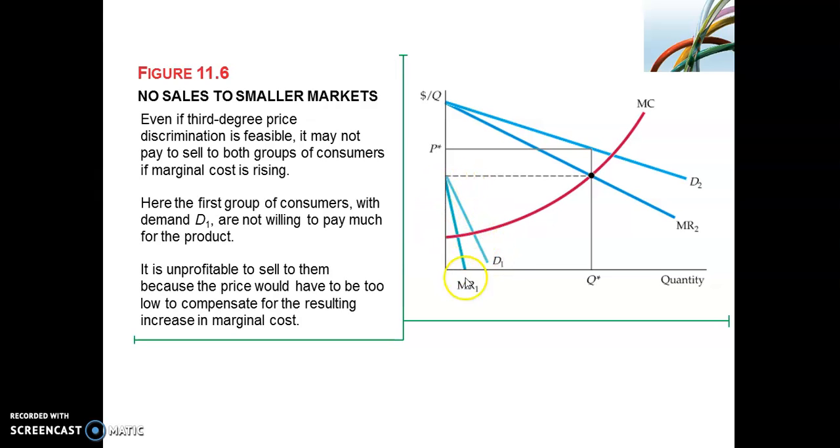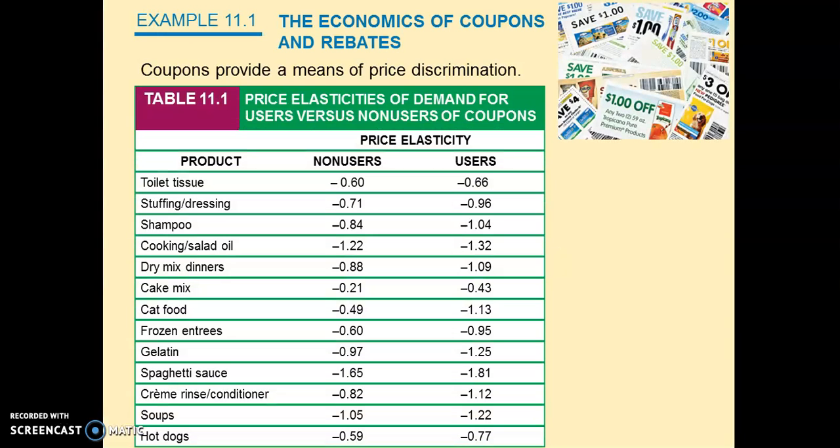So it is unprofitable to sell to them because the price would have to be too low to compensate for the resulting increase in marginal cost. So the firm is better off selling just at P star for an output of Q star to this particular group of consumers. So no sales to smaller markets in this case would make sense, even if third-degree price discrimination was feasible. Now, the final example is just for knowledge enrichment purposes.